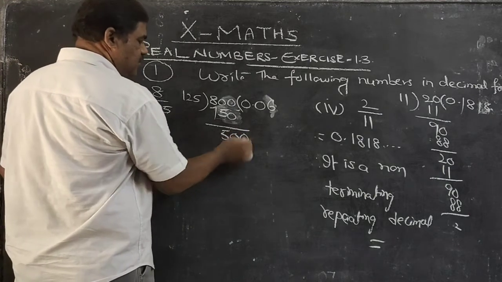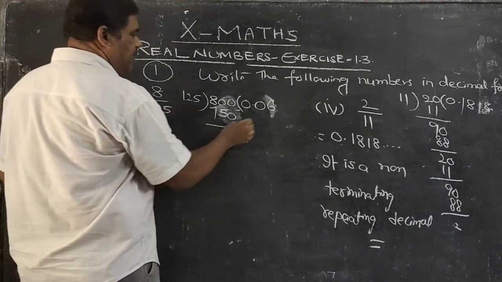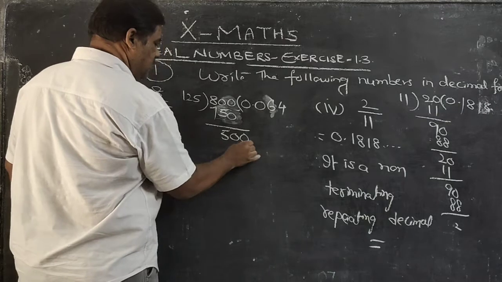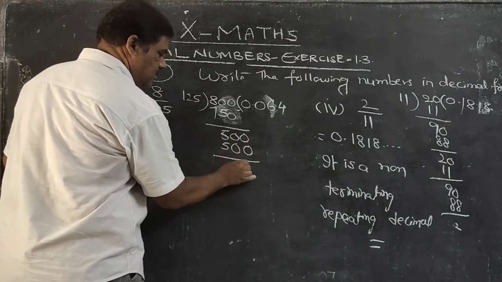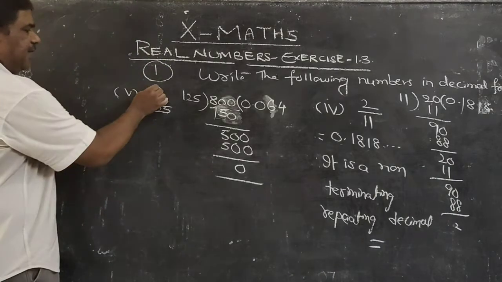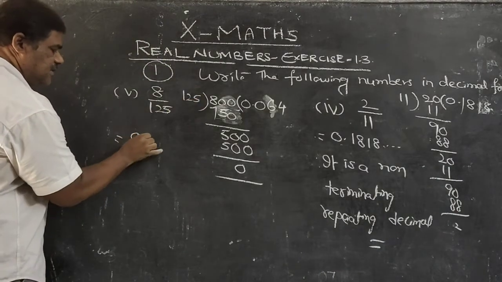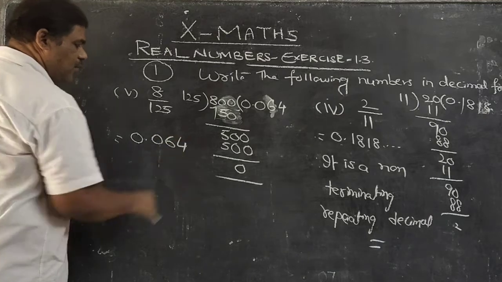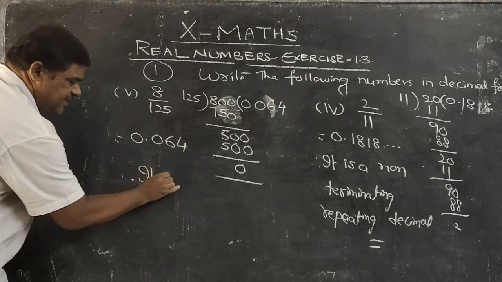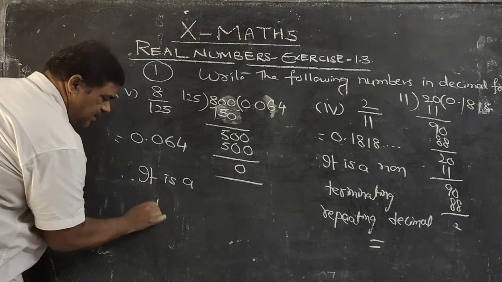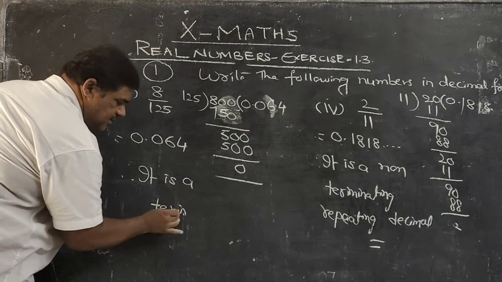Here you keep 0, 125 fours. So 8 by 125 we got 0.064. Here the division process is ending, so we can conclude that it is a terminating decimal.